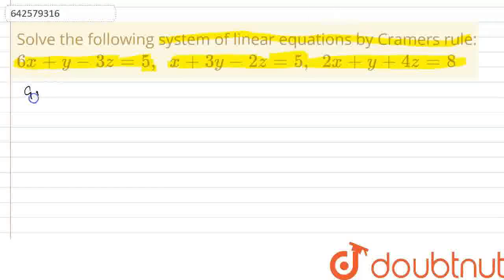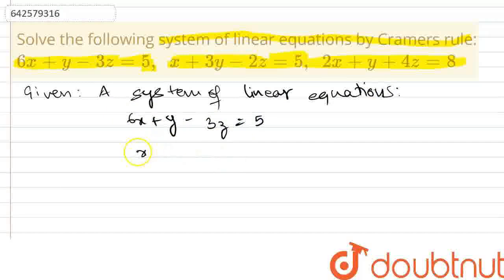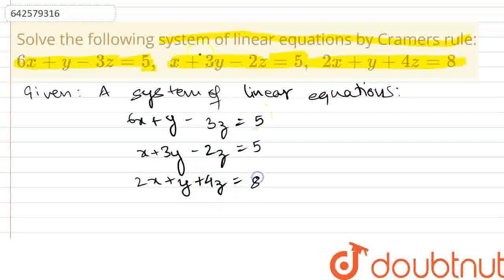So first of all, we have been given a system of linear equations. The first is 6x plus y minus 3z equals 5. The second one is x plus 3y minus 2z equals 5. And the third one is 2x plus y plus 4z equals 8.